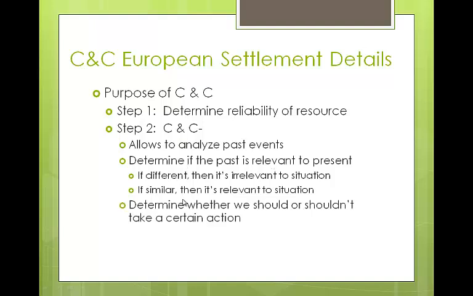So then, after you've done that analysis, you can determine whether or not you should or shouldn't take a certain action. The example that I often like to cite for this, that has actually been used by a lot of modern economists, is the dealing with the most recent recession. If you look at the Great Depression and the causes of the Great Depression, and then the subsequent follow-up as to how the government responded, we've been able to learn a lot about what they did right and what they did wrong.